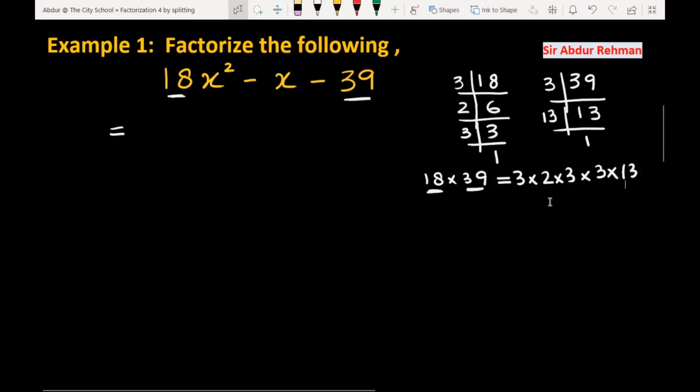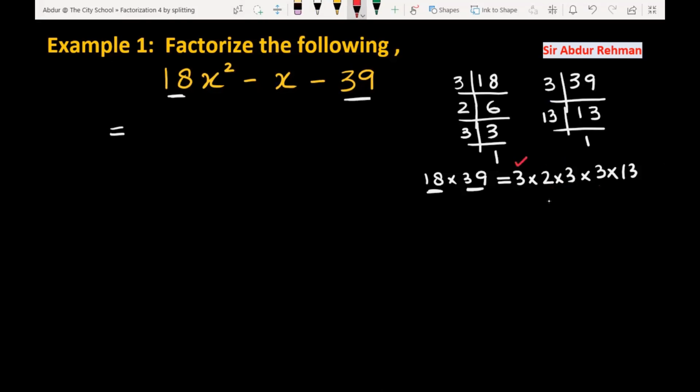Let's check. Suppose I'm going to take 3 and 2 and 3. So one combination and the other combination is the same, sorry. So it is not useful.